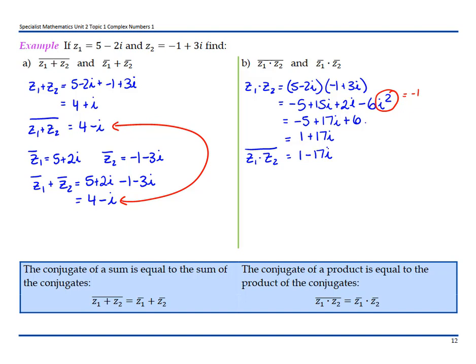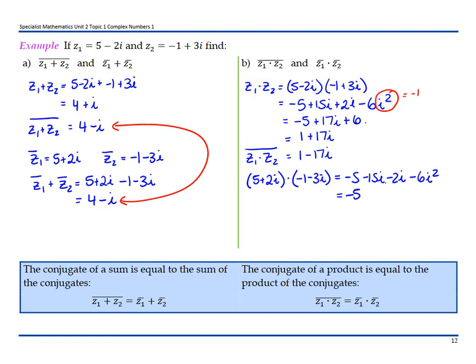Now let's look at the conjugates times by each other. Now we have the conjugates in part A. So Z1 was 5 plus 2i, the conjugate of Z1, times by the conjugate of Z2, which is negative 1 minus 3i. So that's negative 5 take 15i minus 2i minus 6i squared.